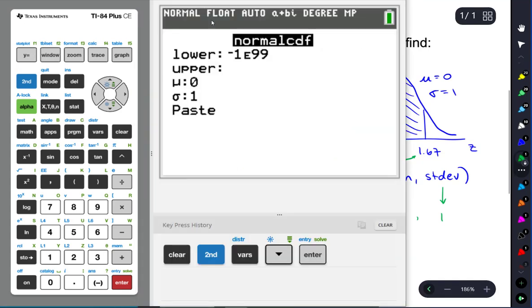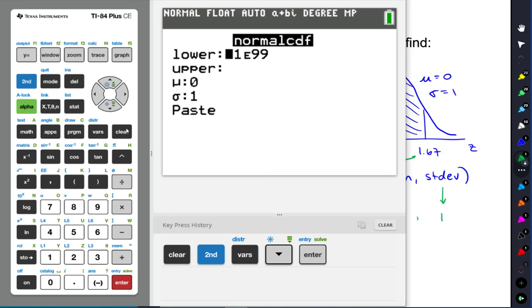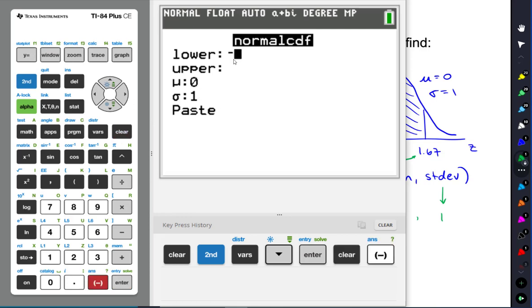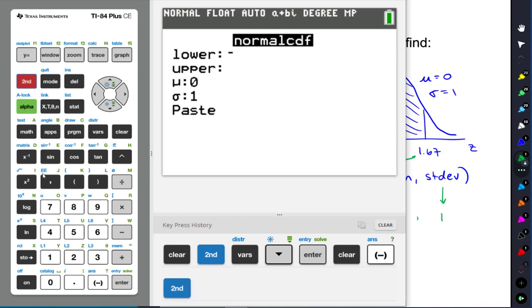So coming over here, it looks like by default I've already got this -e to the 99th typed in, but if I didn't, it was easy enough to do. You don't actually need the 1, you can just hit negative, but be careful that you don't hit the minus, and then do second and comma, which gives you this EE, and that is the E that's used for scientific notation.